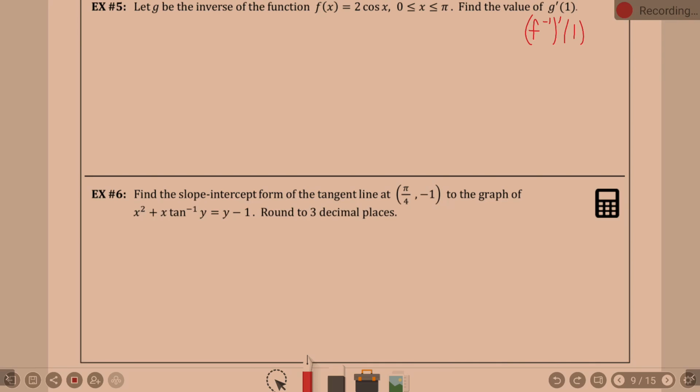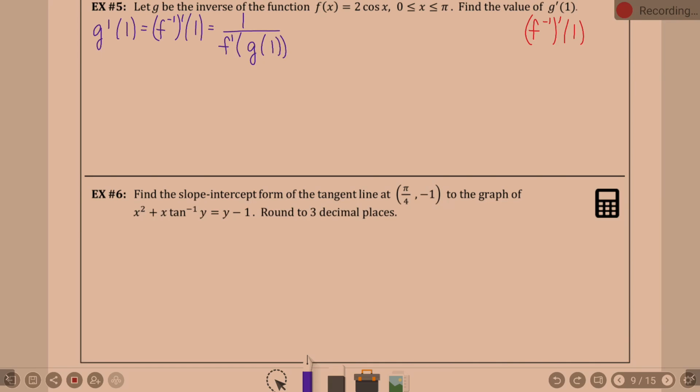1 over f prime of g of x, which my x though is 1.